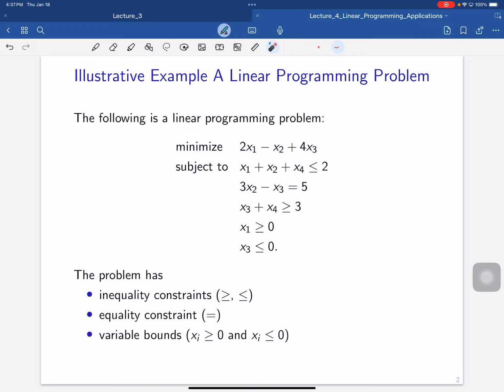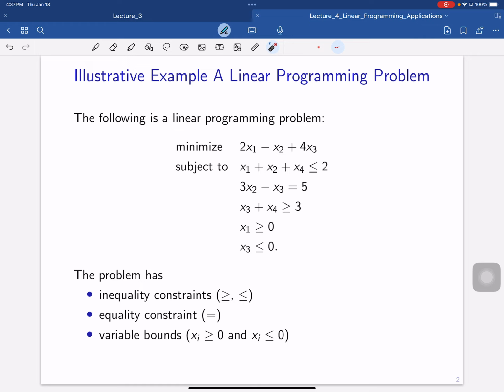Right? If you are thinking about applications, for example, in the first lecture, we talked about this diet problem. Remember that someone wants to consume apples, milk, and bread, and so forth. You need to have enough consumption such that you have enough calories, protein, and vitamins, and so forth. Right? So those problems are all in this form of a linear program.